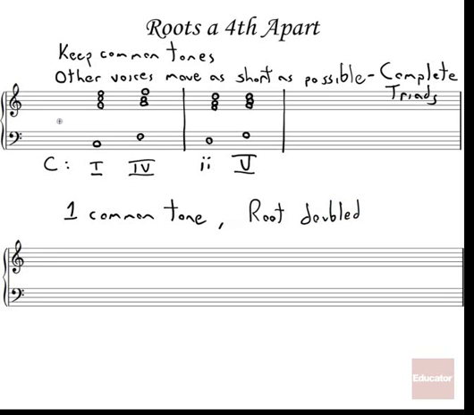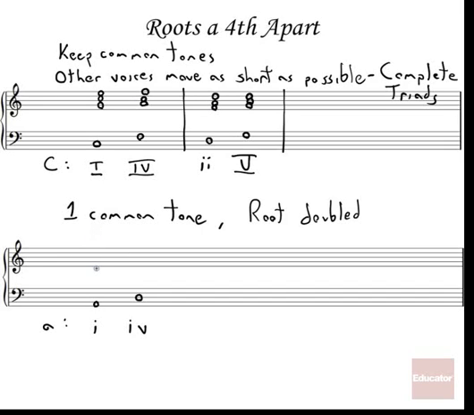So let's do that a couple times in a minor key. What about if we go to A minor? And let's do the same motion from 1 to 4. This time they're both minor chords, of course. And let's choose now, instead of these closed spacings that I've had, let's do an open spacing.